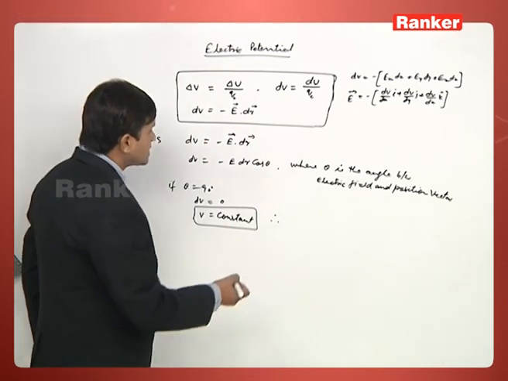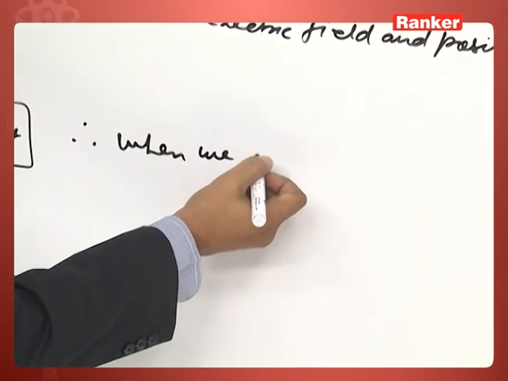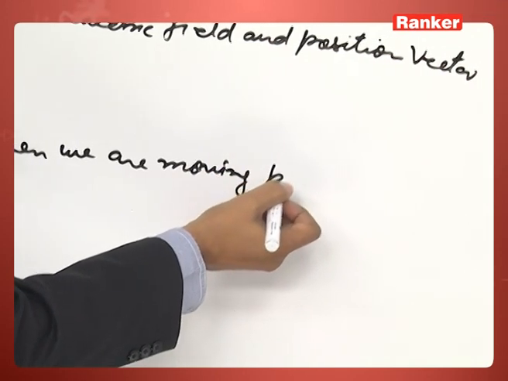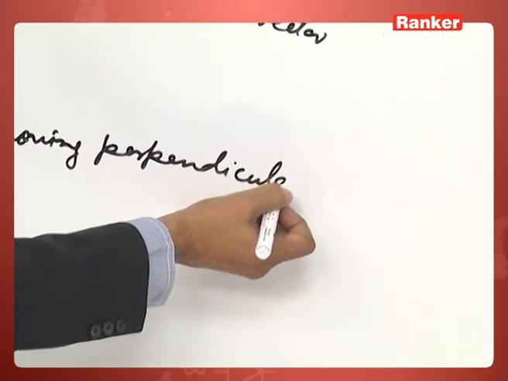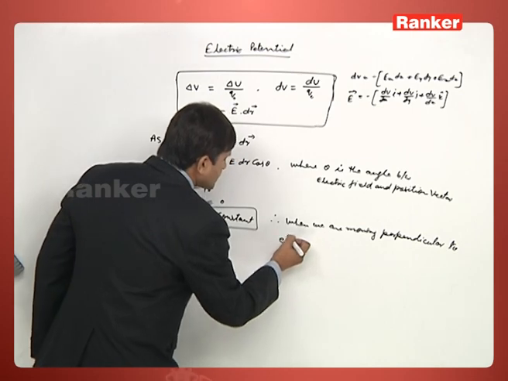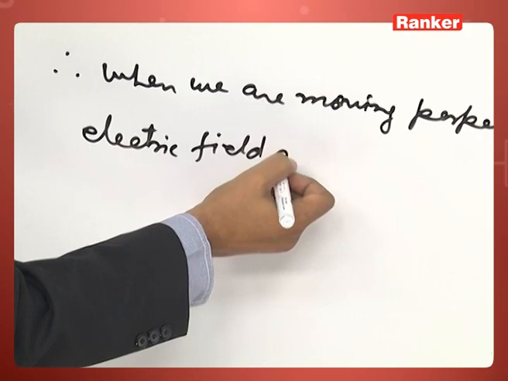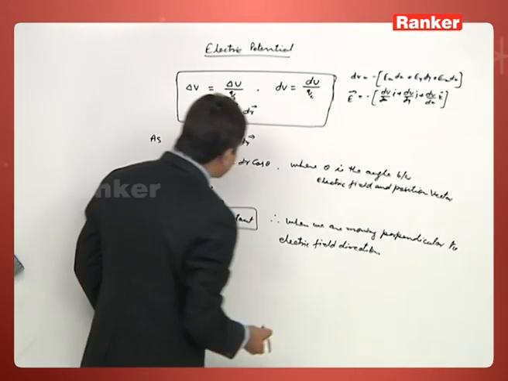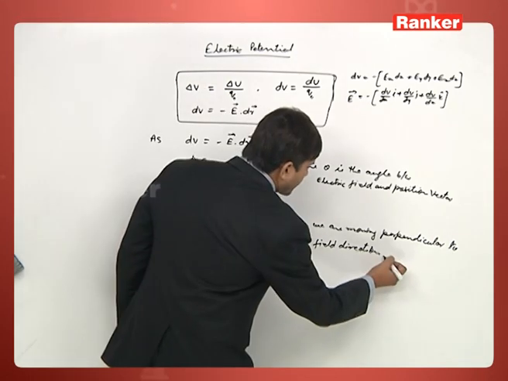So that gives us, when we are moving perpendicular to electric field direction, the potential on those points will be constant.